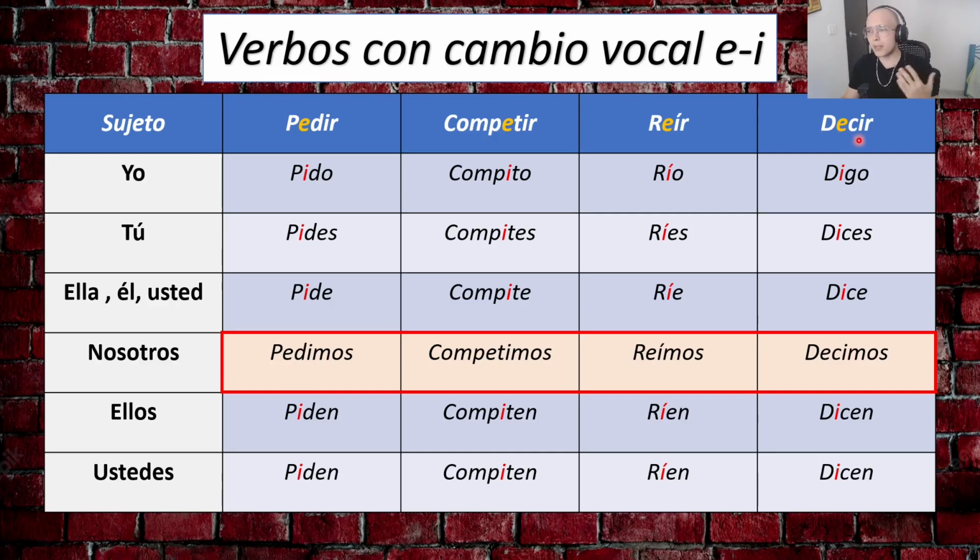So, in many verbs that have these two sounds at the end, an E followed by an I, when we conjugate them in present, we change the sound of this E into an I.